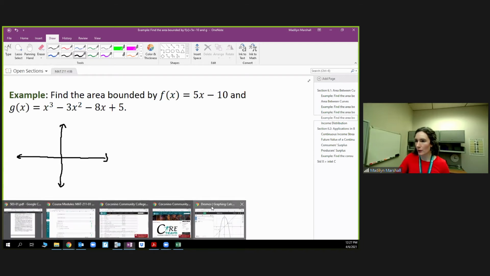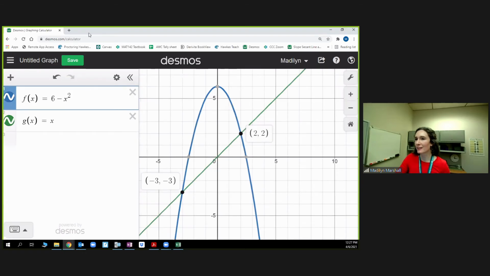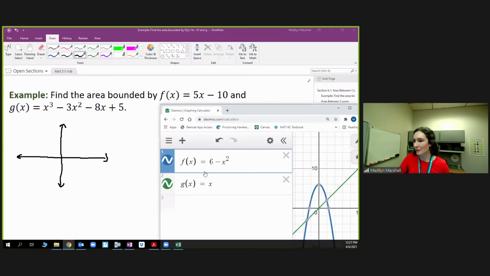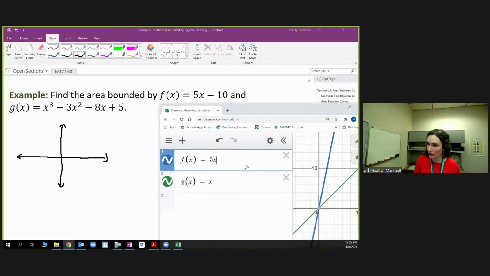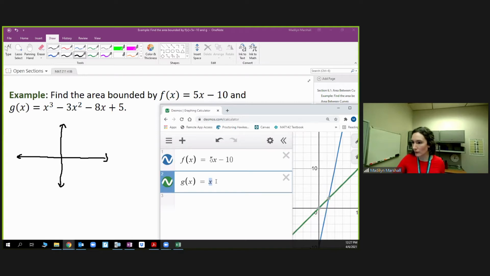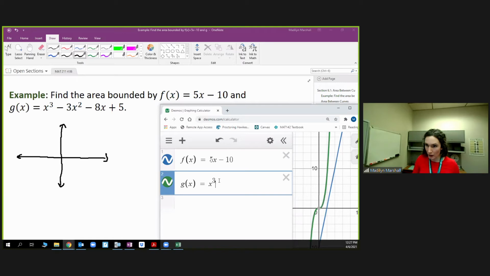All right, so bringing up Desmos again. Our f in this case is 5x minus 10. And our g, oops.